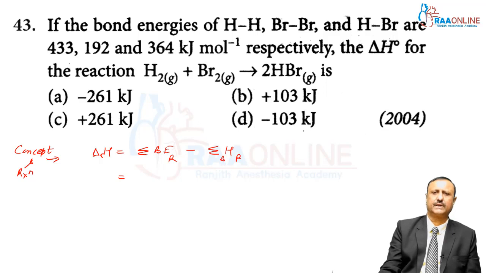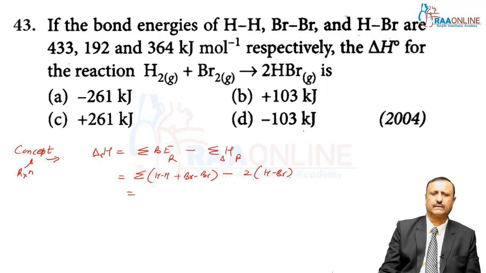My dear students, here H2 plus Br2 gives 2 HBr. So, we take summation of H-H plus Br-Br minus 2 into H-Br.